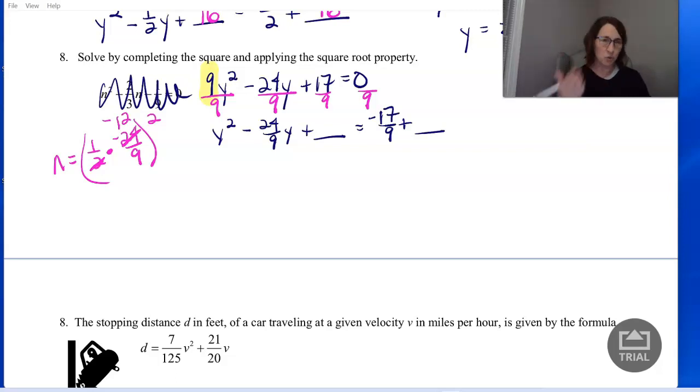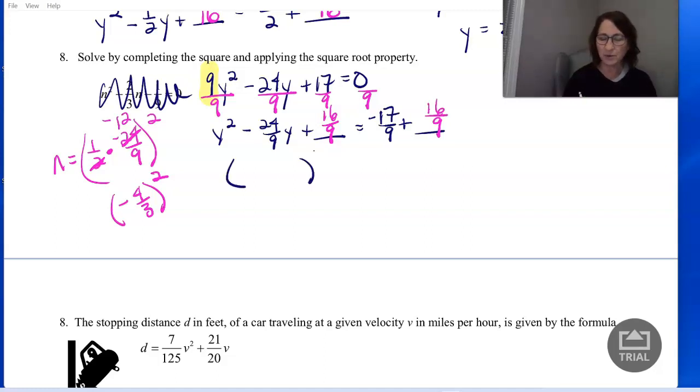Now that 12/9 can be reduced, so that can be reduced to a negative 4/3, squared. So then when I apply the power of 2, it's going to give me 16/9 and 16/9. So now I've got my perfect square trinomial.